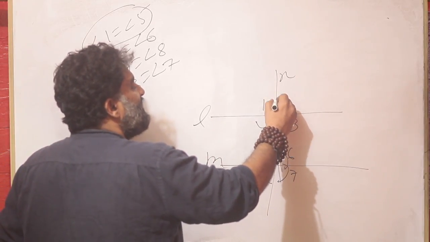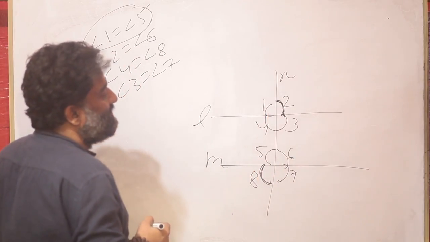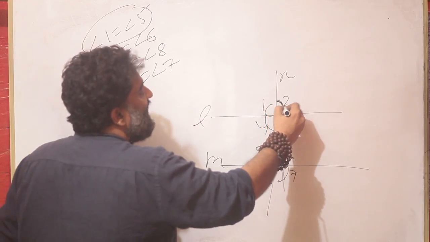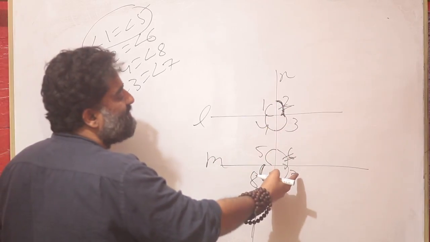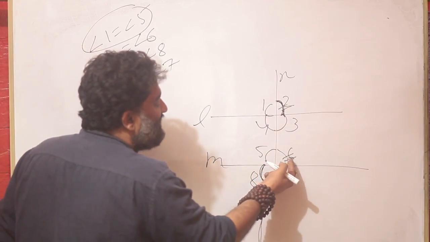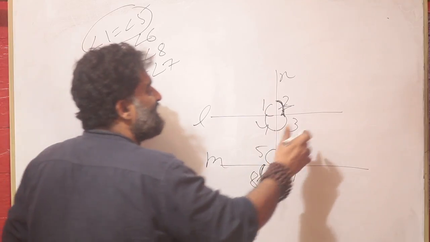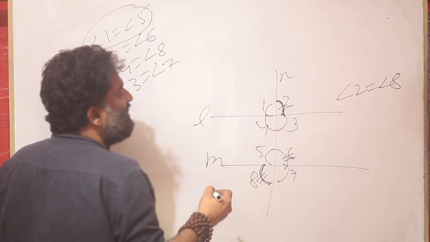What about alternate exterior? What about angle 2 and angle 8? What can I say about them? And by now I should be able to make that jump very quickly. Angle 2 is going to be equal to angle 6 because of the corresponding pair, right? And I know that angle 6 is going to be equal to angle 8 because they are vertically opposite angles. So I can say angle 2 is also equal to angle 8.